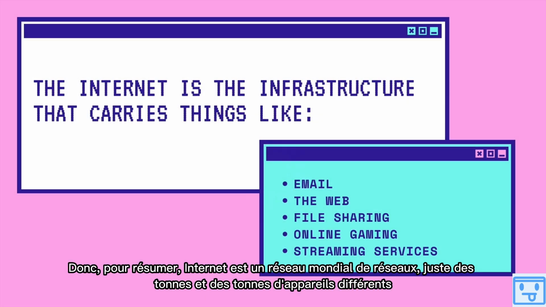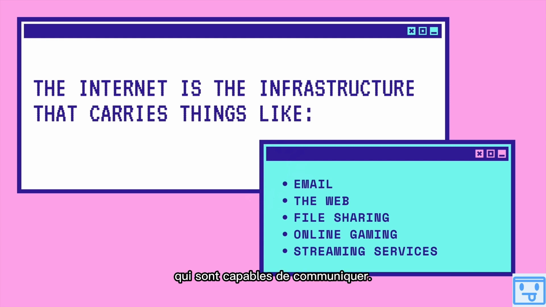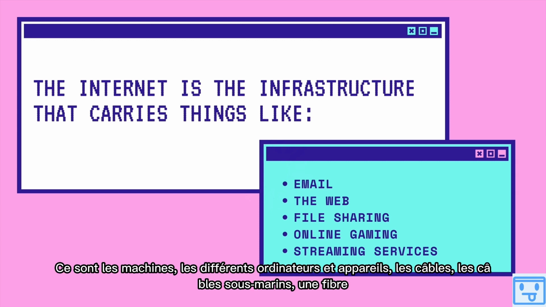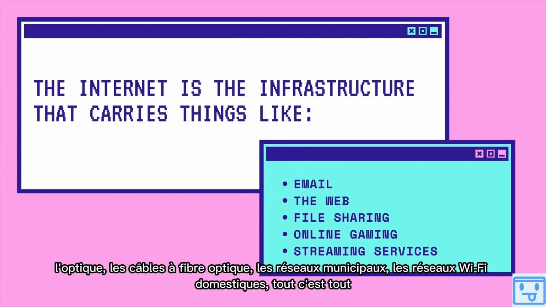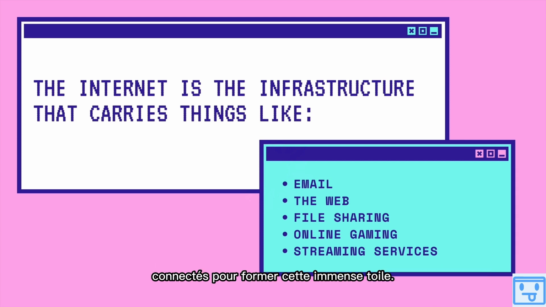So to summarize, the internet is a global network of networks, just tons and tons of different devices that are able to communicate. And the internet's really the infrastructure that makes it all possible. It is the machines, the different computers and devices, the cables, the undersea cables, the fiber optic cables, the municipal networks, the home Wi-Fi networks, everything that's all connected to form this massive web.